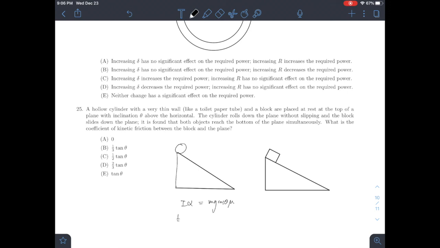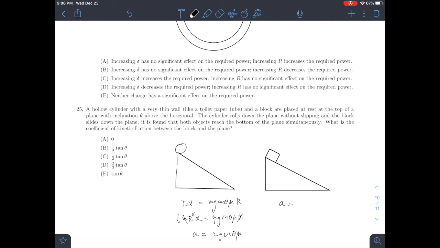So what is the moment of inertia? It is 1/2 times mr squared, times alpha, equal to mg times cosine theta times mu times r. R cancels out. So we have a, which is equal to r times alpha, which is 2g times cosine theta times mu.